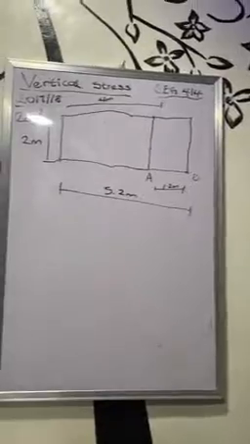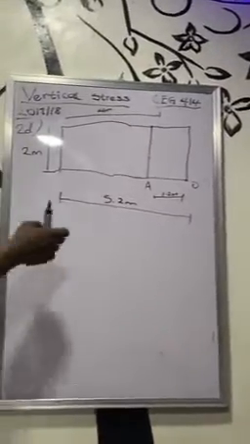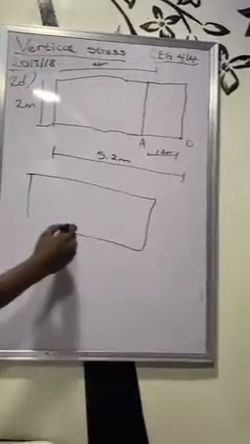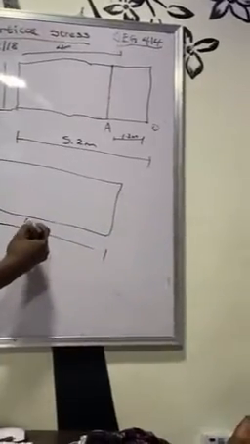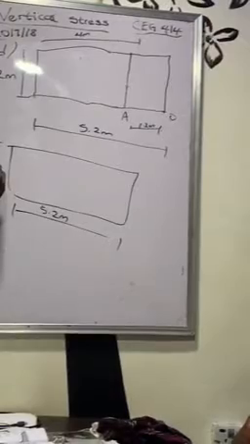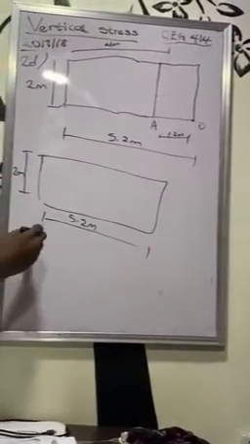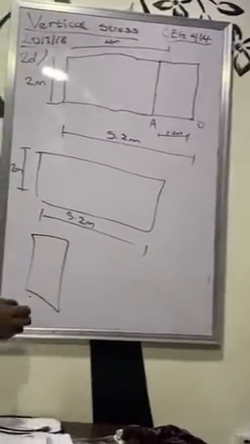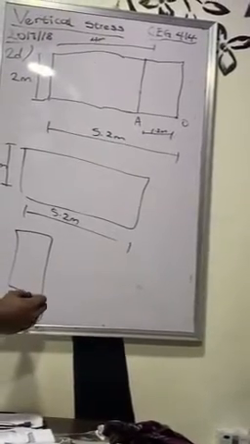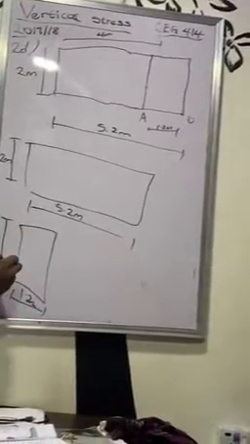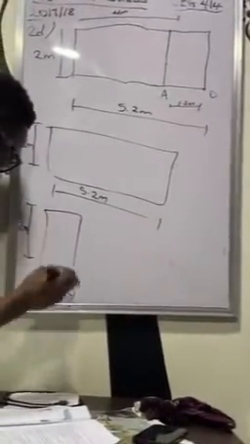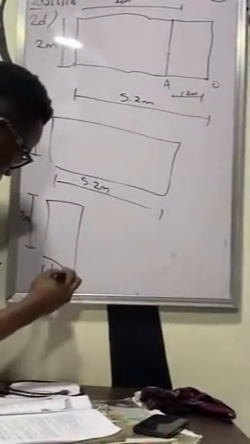Right, I think you should be able to see this. So I said you have two rectangles. The big rectangle, which will be 5.2 and 2 meters. And we're going to have the small rectangle, which will be 1.2 meters by 2 meters.